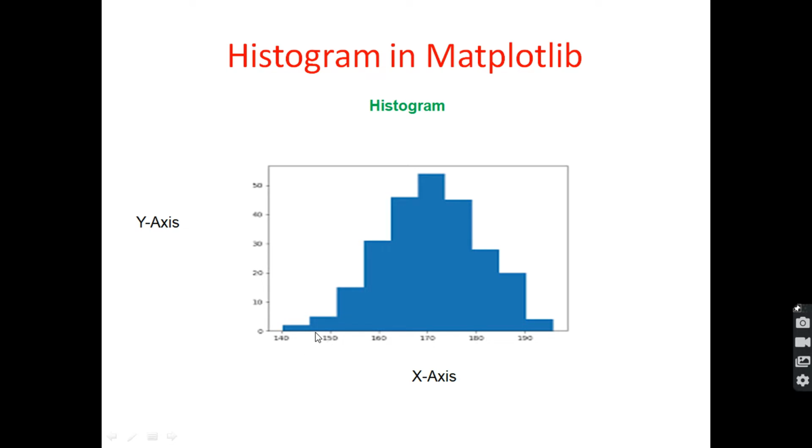Within this interval, how many observations are present? 150 to 160 interval, how many observations? 160 to 170? 170 to 180? 180 to 190? 190 to 200?